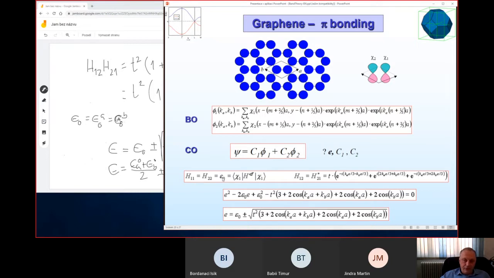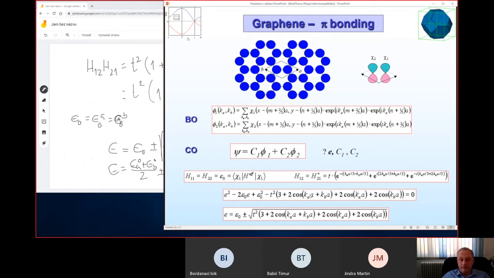Again, as in the previous case of the linear chain, the diagonal matrix elements contain only the interaction of a given atomic orbital with itself, but the off-diagonal matrix elements, which are complex conjugates, involve this dependence on the k vector.